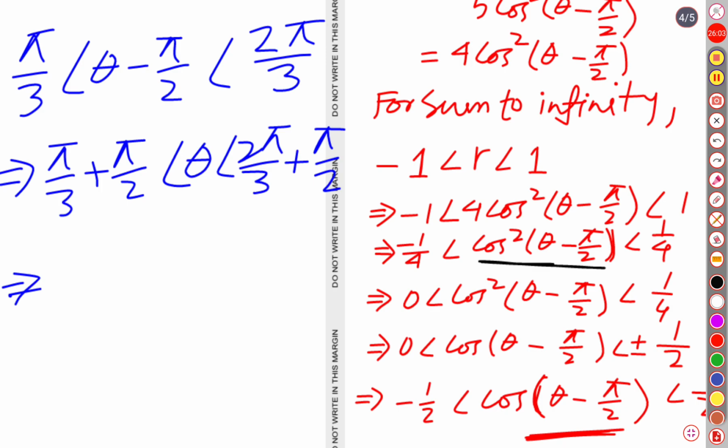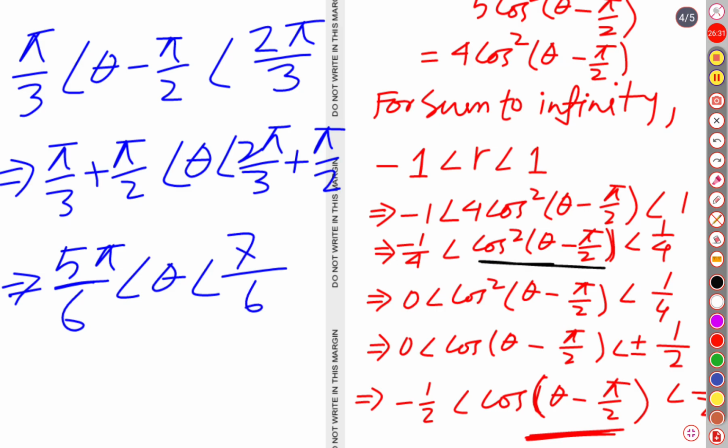So 150 degrees is 5 pi over 6, sorry, not 3, it should be 6. Then theta, this is going to be 120 plus 90, 210. So 210 is actually 7 pi over 6.